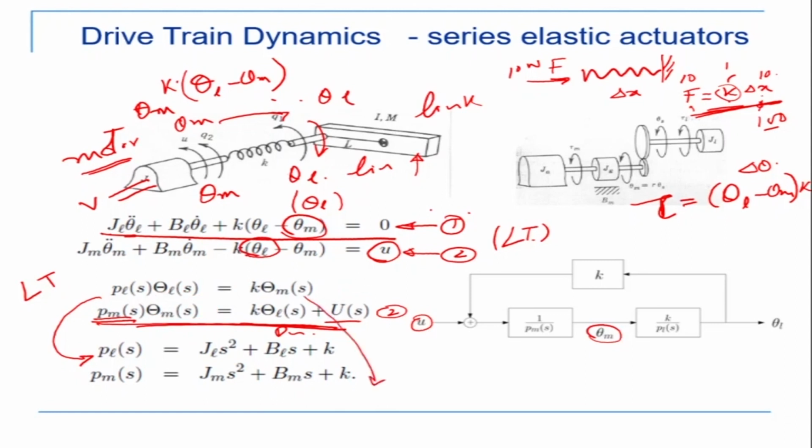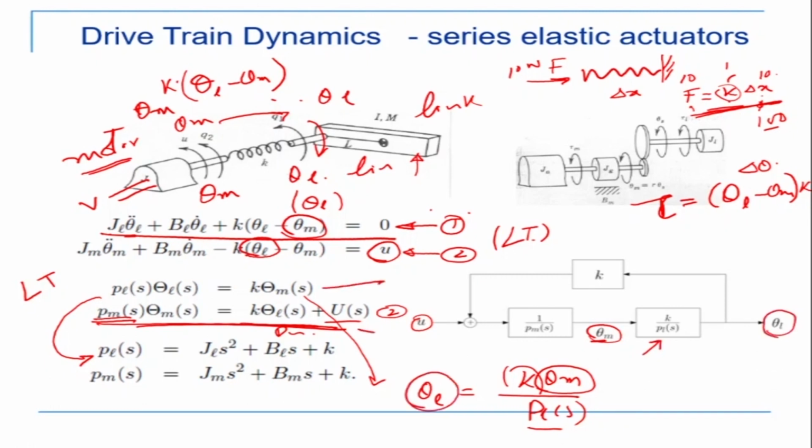From here, I get theta_L is equal to K times theta_M divided by P_L(s). From this equation, this is what I write. So input is my theta_M(s), which is here, getting multiplied by K and divided by P_L(s), which is here. And the output is my theta_L, which is this one. So I'm using this equation and this equation to make my control loop diagram.